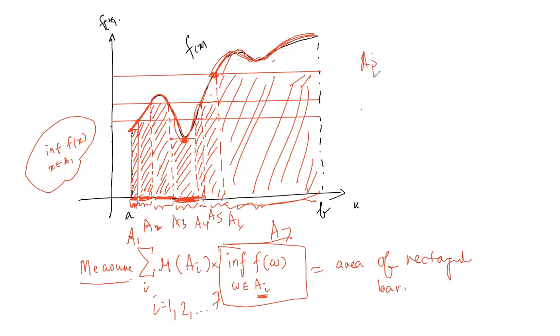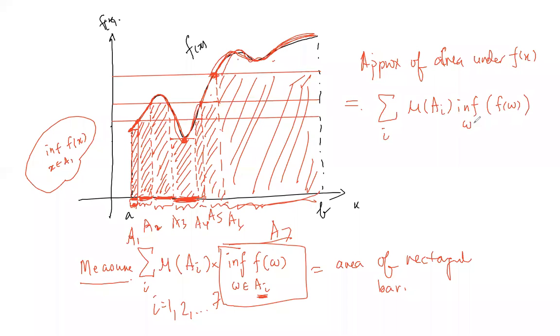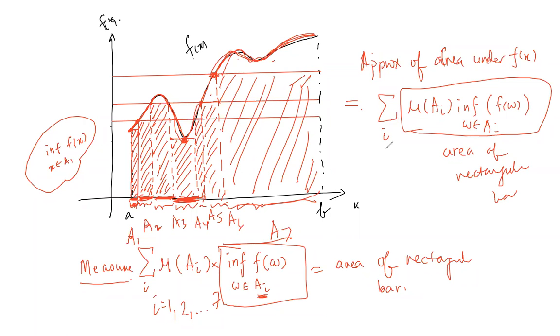So the approximation of the area under curve is given by the sum, okay? So mu of A_i times infimum of f of omega, where my omega is in the set. Okay, so this is geometrically the area of a rectangular bar. Okay, and then this one you just add up everything, add up all bars.